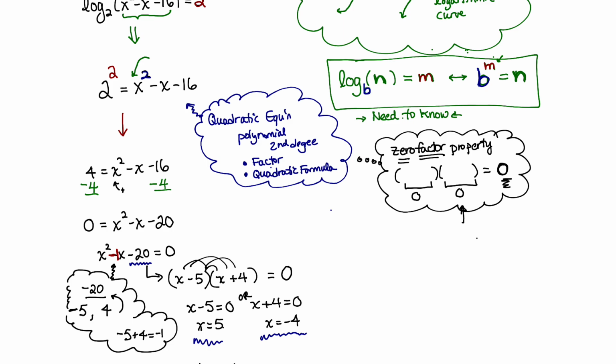Well, we have to be really careful when it comes to logarithm equations, equations involving square roots, equations involving rational expressions, because sometimes we get what are called extraneous solutions.